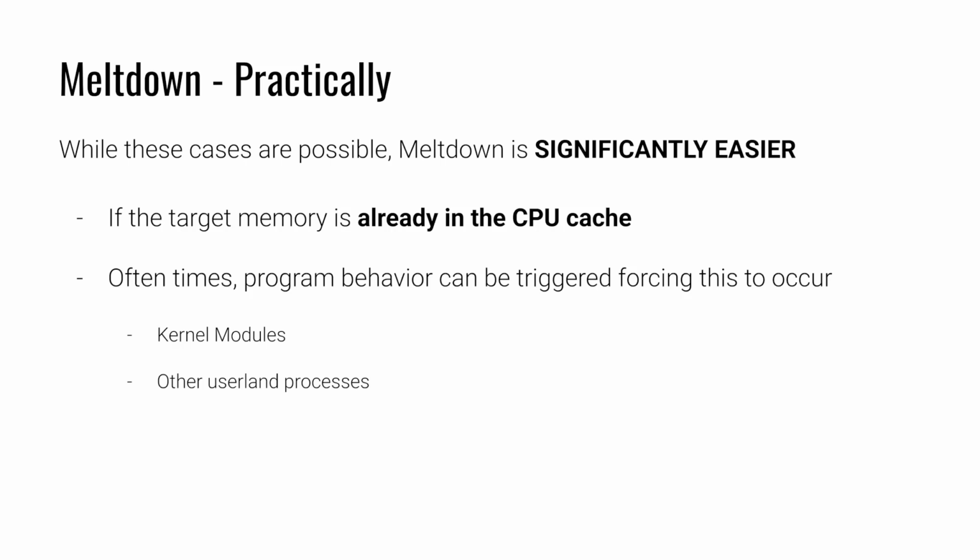The same thing can be true about other userland processes. If there's a userland process that has virtual addresses that are aliases to something that the exploit code can access, you could influence this other userland process to access that value. Because remember, the cache uses physical memory addresses. Well, the L3 cache does.